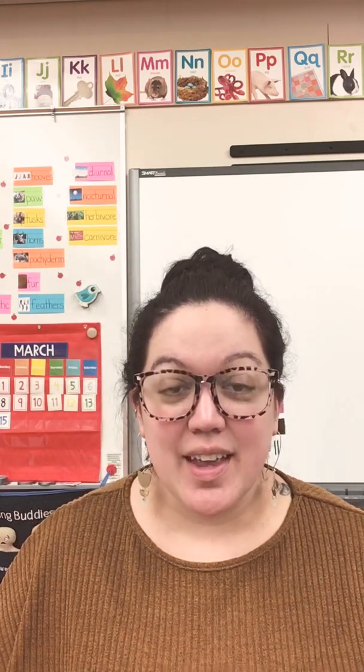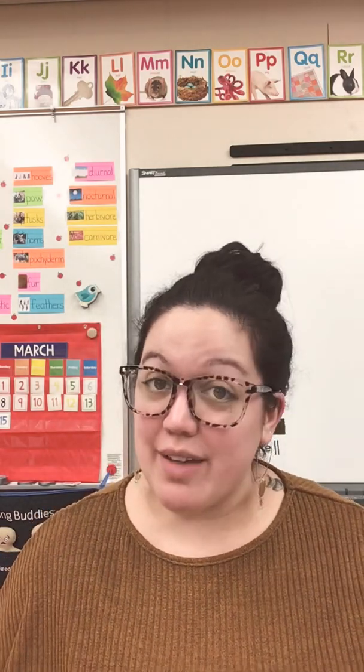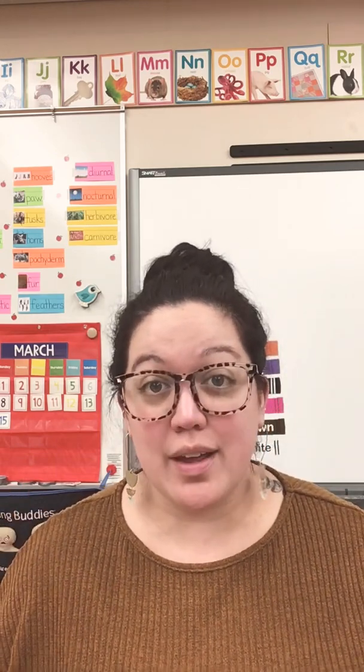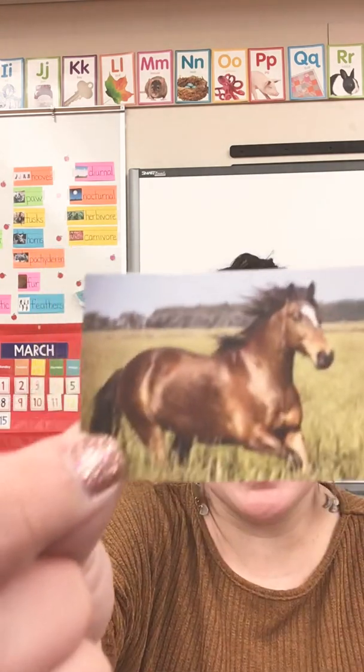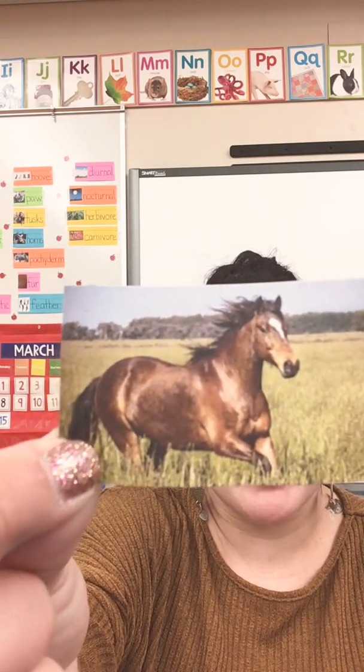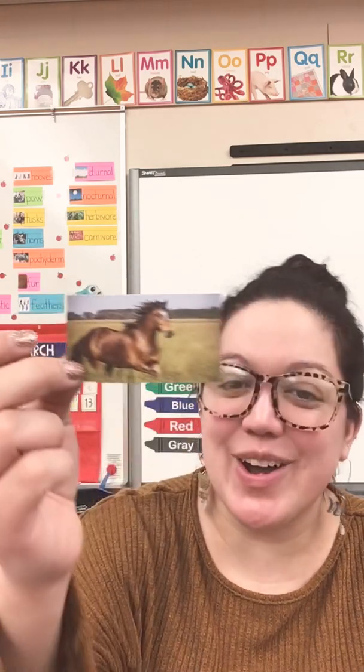Okay, you ready for the next animal? If I'm going too fast, if you haven't found it yet, you can always just pause the video, okay, if I'm going too quick. Okay, next animal. This one, what animal is this? A horse. It is a horse. What letter does horse start with? What letter? What makes that sound?